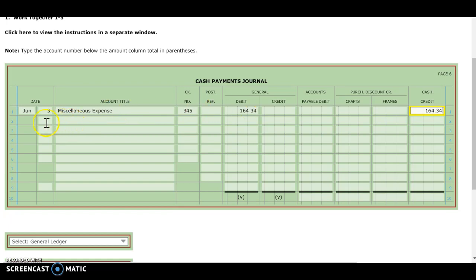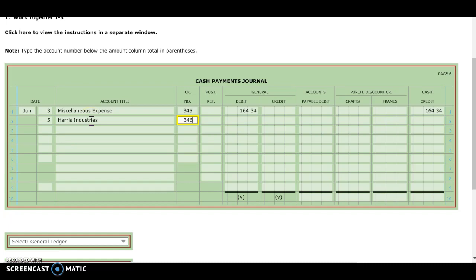Okay, moving on to the next one, June 5th. We paid cash on account to Harris Industries for crafts purchased on purchase invoice 342, $2,141, less debit memorandum 23 for $245, less a 2% discount, check number 346. Okay, so first of all, we are writing a check to Harris Industries, so we're going to put that in.